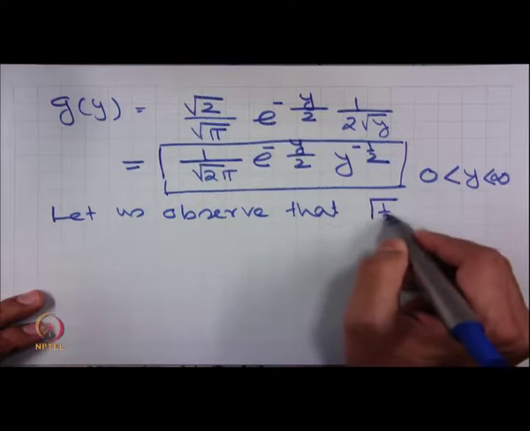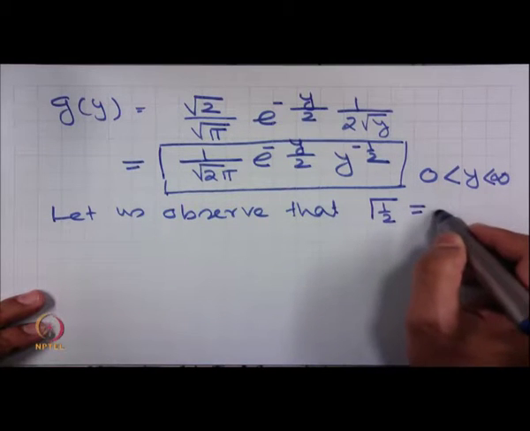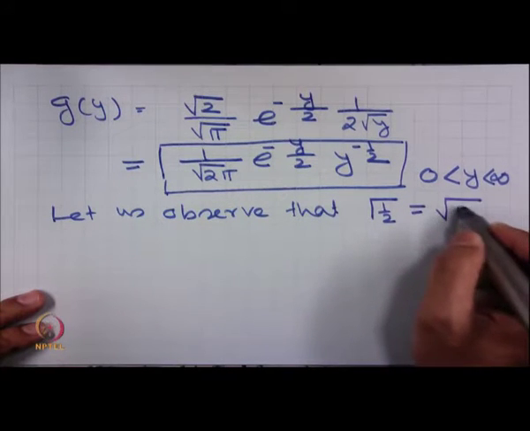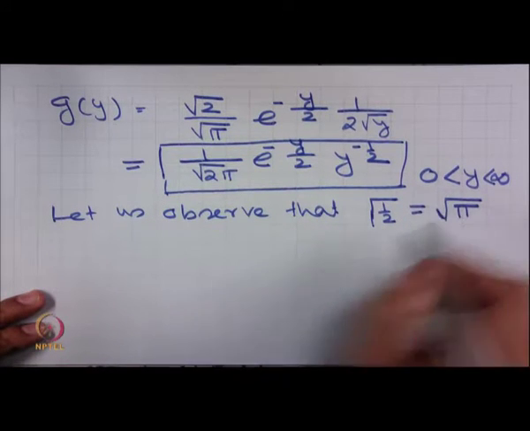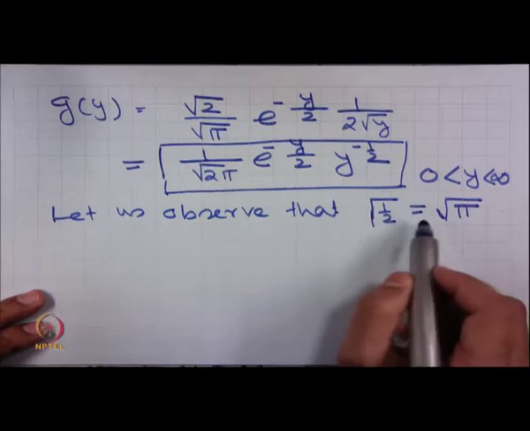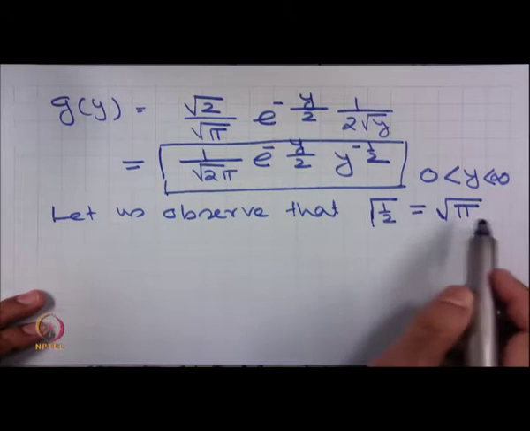Gamma of half is equal to root pi. I am sure you have come across this in your mathematics course.